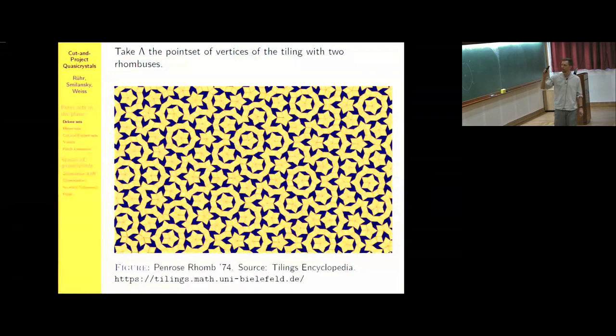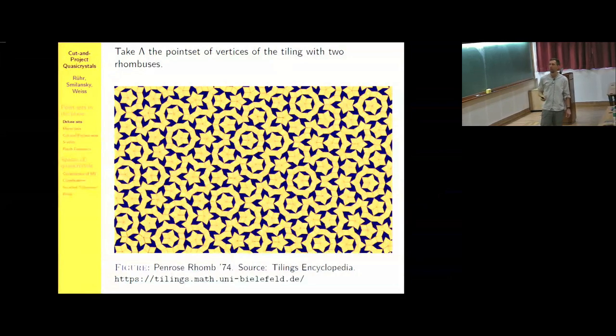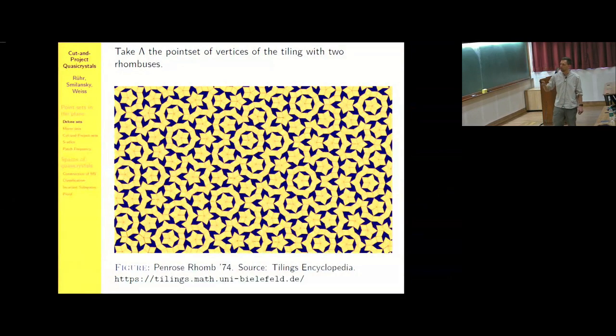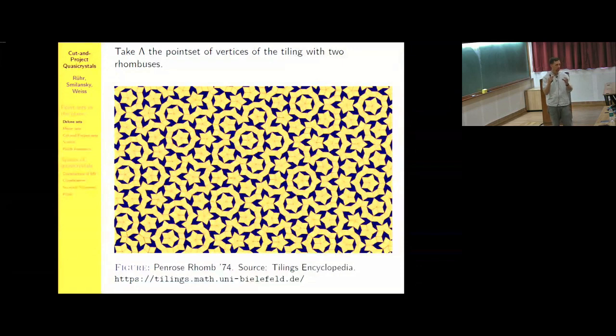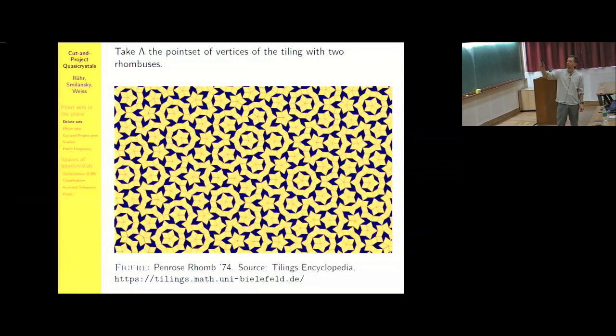Take the point set coming from the corners of those two differently colored rhombi. By using the tiling, it's pretty easy to see which small r and big R you have to find.